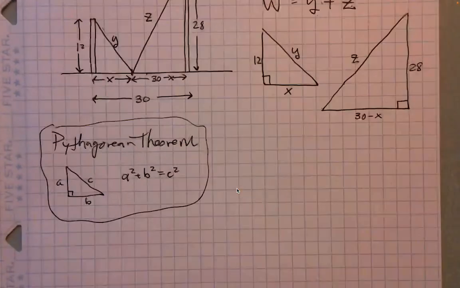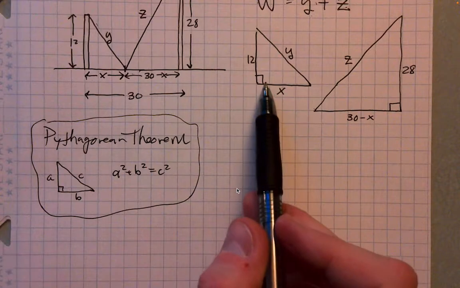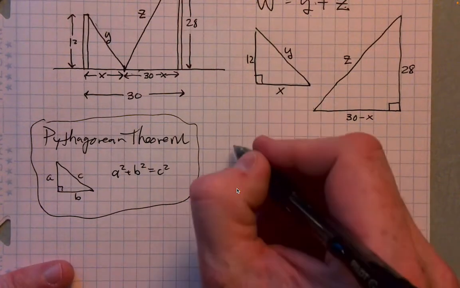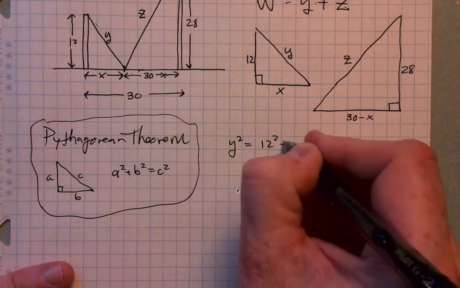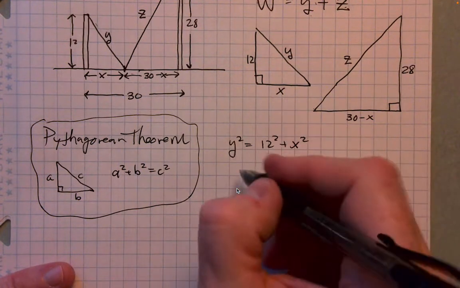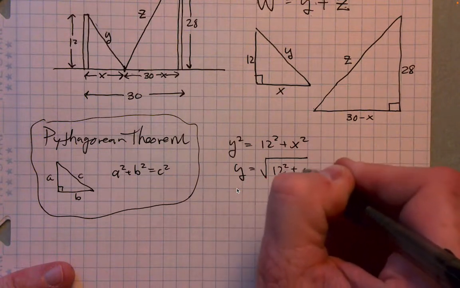That's what we'll want to use here. Let's start with this one: y squared equals 12 squared plus x squared, so y equals the square root of 12 squared plus x squared.